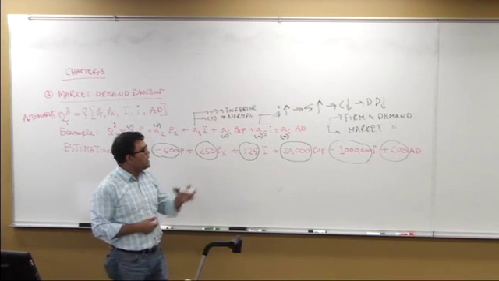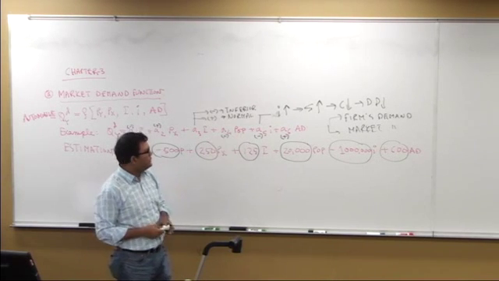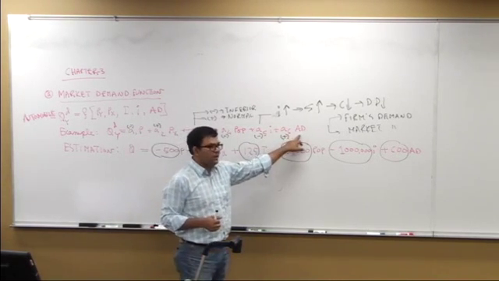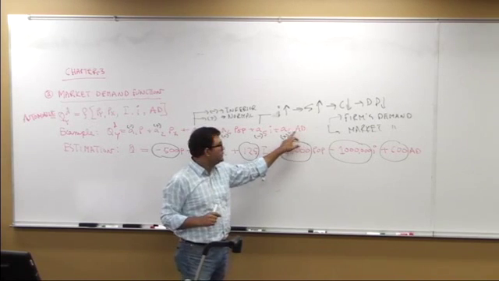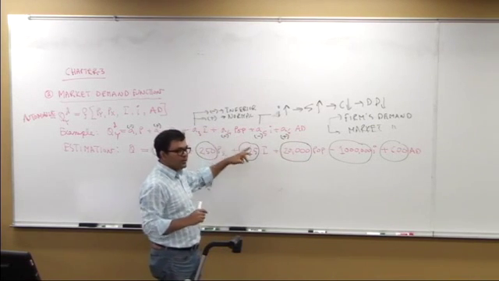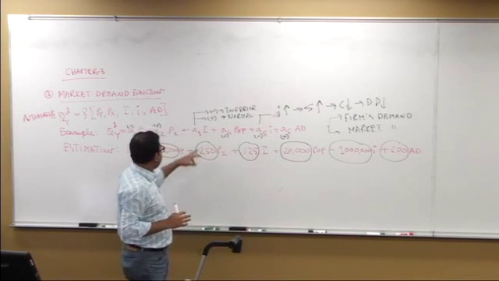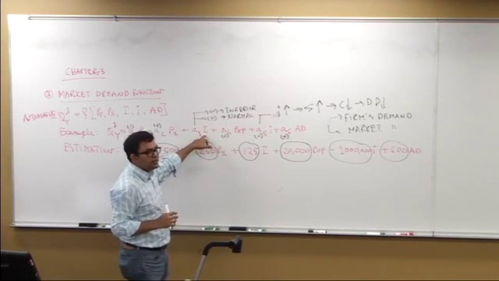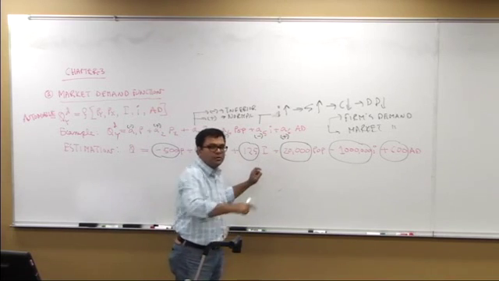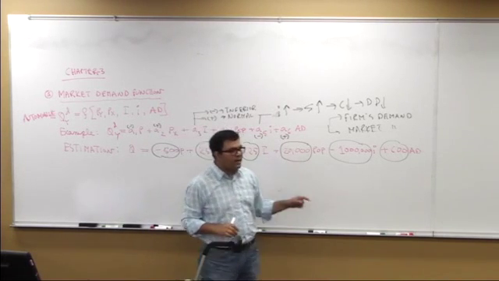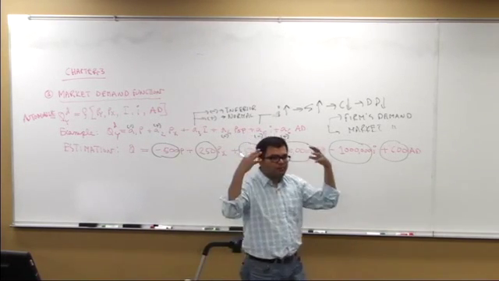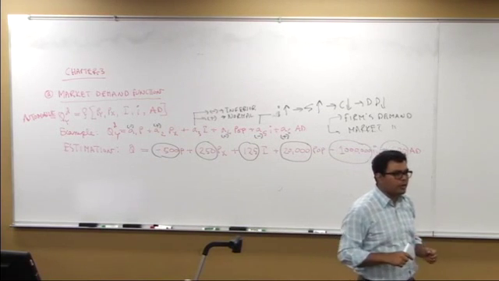If this is a firm's demand, then this advertisement would be the advertisement made by an individual firm. This population is the population that particular firm has access to. This income is the income of the consumers who are buying that firm's product, and so on. So for the market, this could be the entire market for that particular product, right?